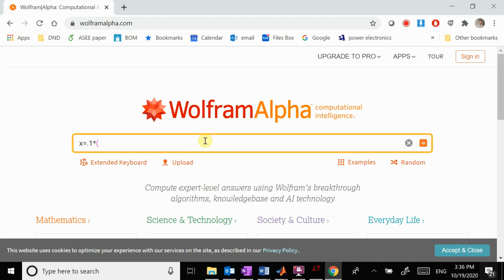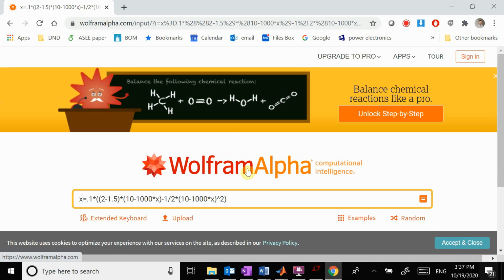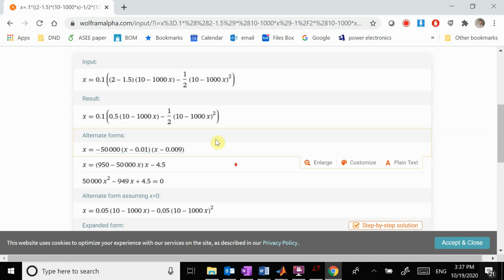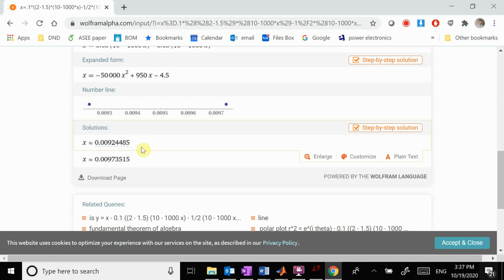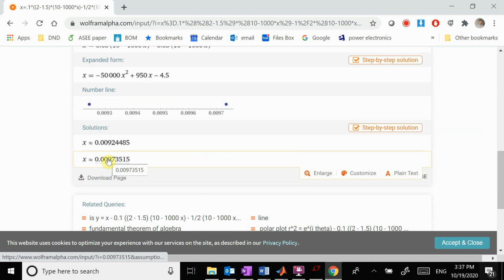So we're going to go 2 minus 1.5 times (10 minus 1,000 times x) minus 1/2 times (10 minus 1,000 times x) squared, in parentheses, solve this. Let's see, does that look good? That looks right.